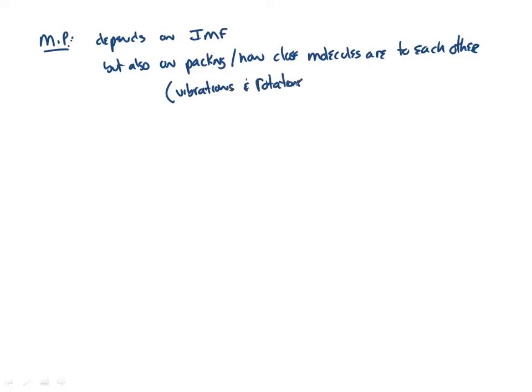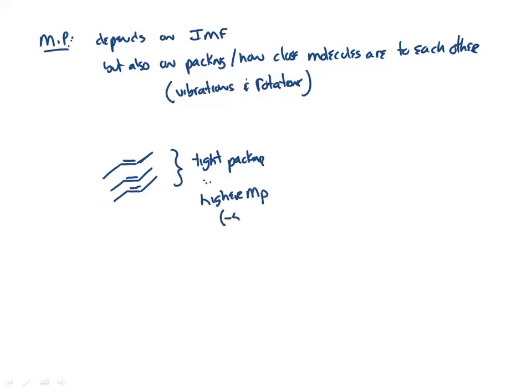And so if two things are really stuck next to each other, it's hard for them to rotate. So if we look at the trans, it kind of has this shape. And we can stack those, oops, not a triple bond in there, double bond. We can stack those up nice and easy to each other. And so here we get very tight packing. Therefore, a higher melting point, meaning this one was minus 50.